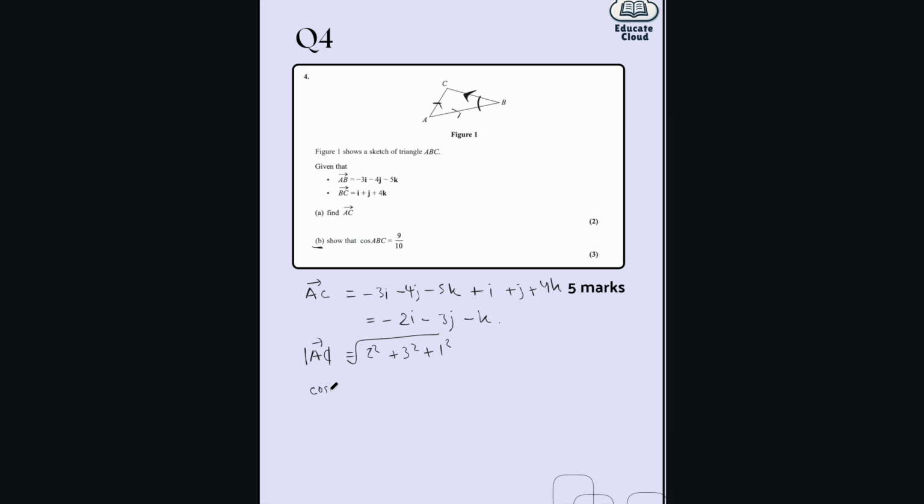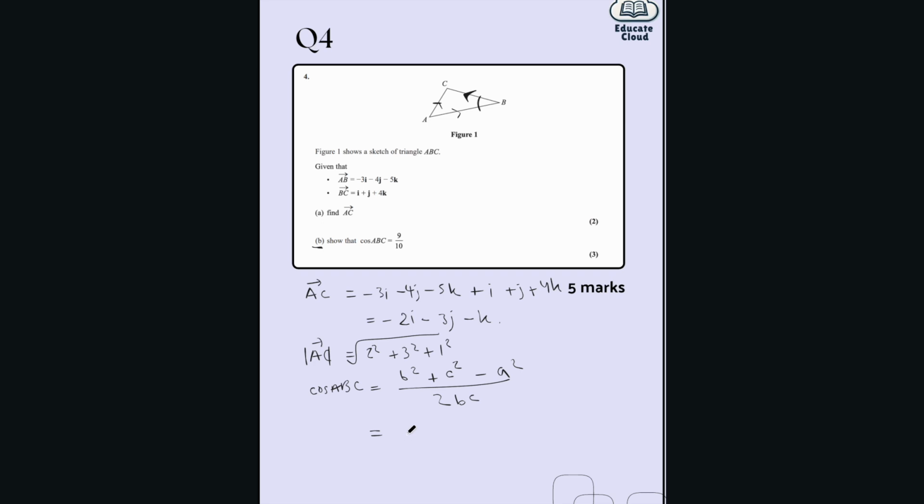So we know that cos of ABC is equal to b squared plus c squared minus a squared over 2bc.